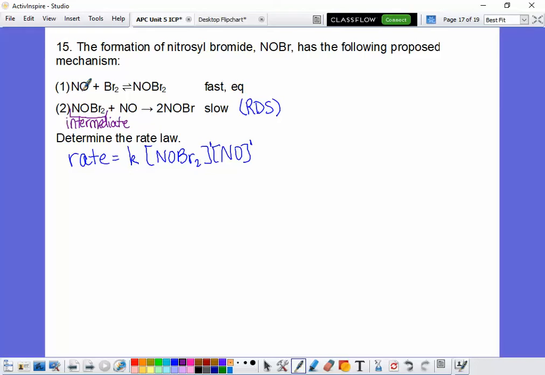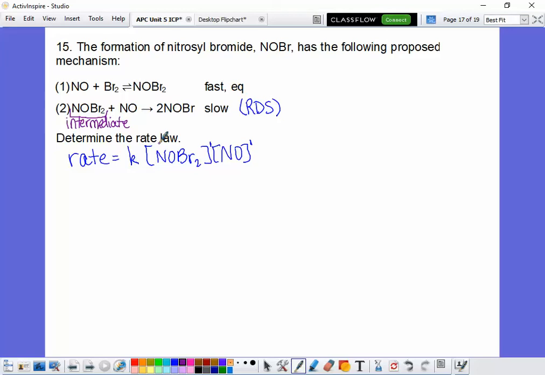So, I lied to you last unit. Last unit, I was like, yep, this is the rate law. Well, that's not 100% correct because technically, we can't have this NOBr2 in the rate law because it is an intermediate. It is not an actual reactant. Okay? So, we are going to have to do a substitution.